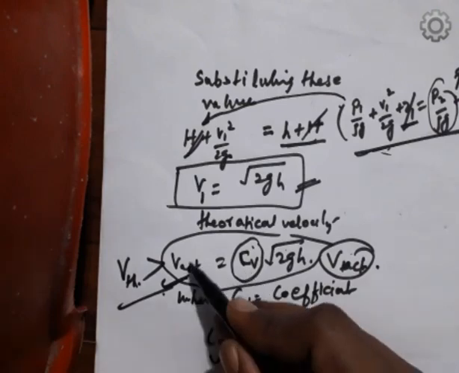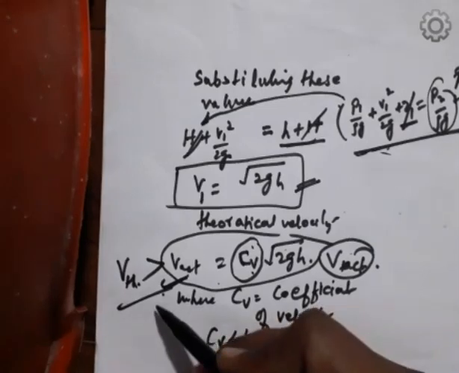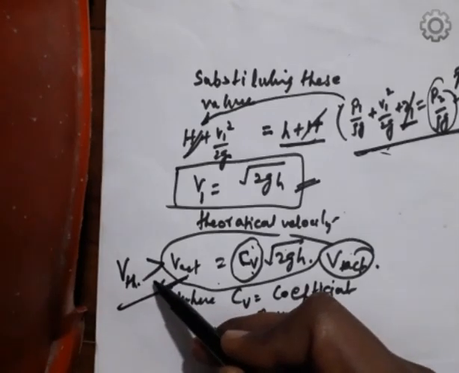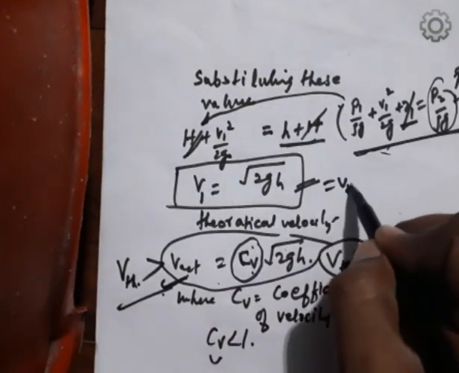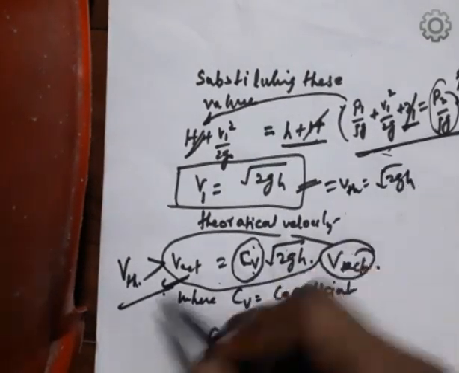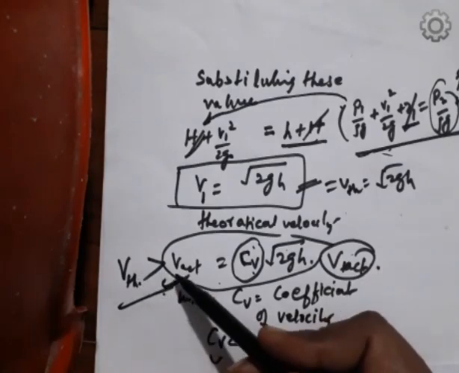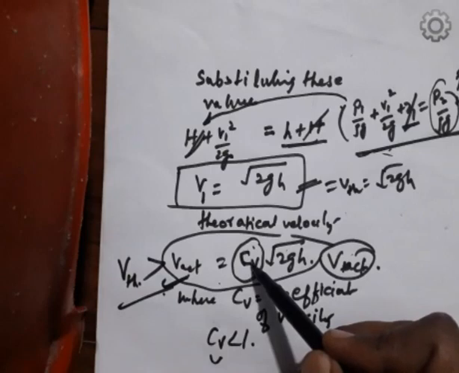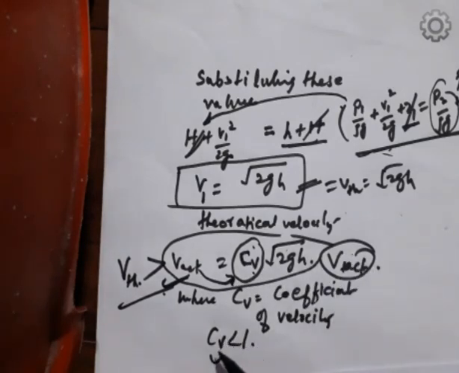Actual velocity is Cv root 2gH, where V theoretical is always greater than V actual, because in actual velocity friction losses are considered, and Cv is always less than 1. So finally we can write V actual equals Cv root 2gH.